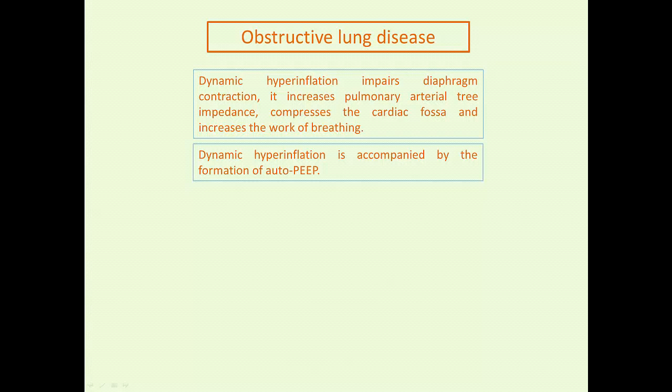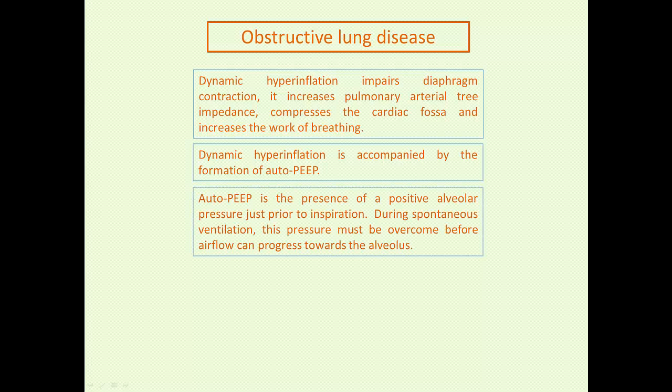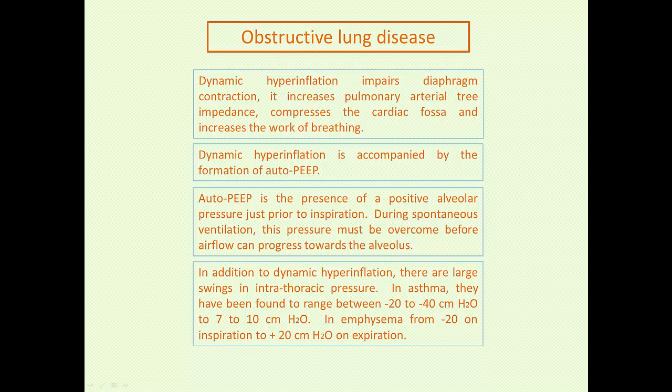But with the dynamic hyperinflation, you get air trapping, and this generates an end expiratory pressure that must be overcome in order to drive airflow on the following inspiration, so that is sometimes referred to as a threshold load that must be overcome before airflow can be generated on inspiration. And autoPEEP is the presence of this pressure just prior to inspiration, and that's the threshold load.